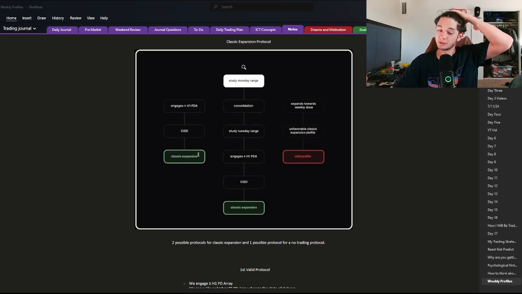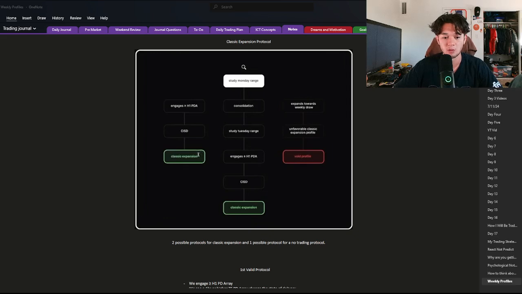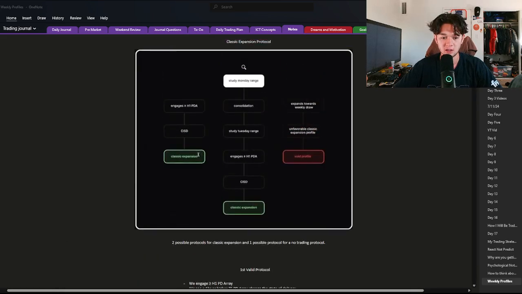So we want to see a PD array engaged, like a fair value gap, order block, or equilibrium. Then we want to see a 1 hour or higher change in the state of delivery. I don't want to see just a liquidity sweep. Then we change the state of delivery on the 1 hour, and when that happens, the weekly profile of a classic expansion is confirmed.